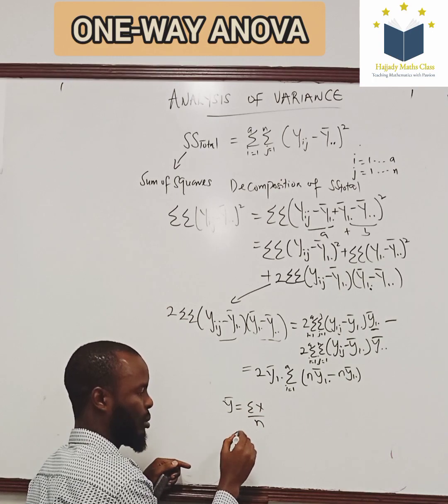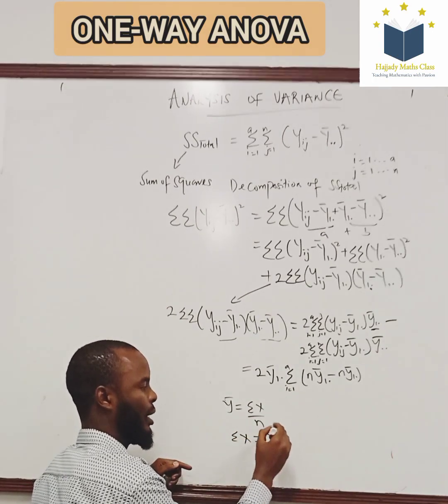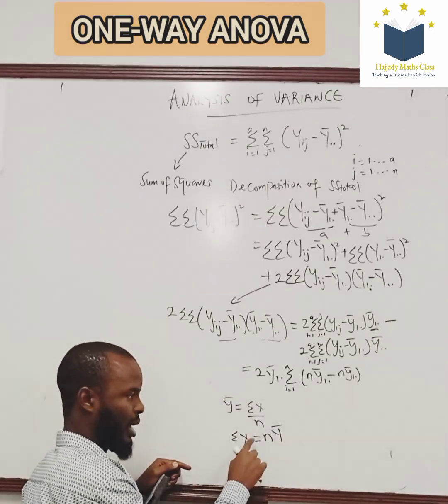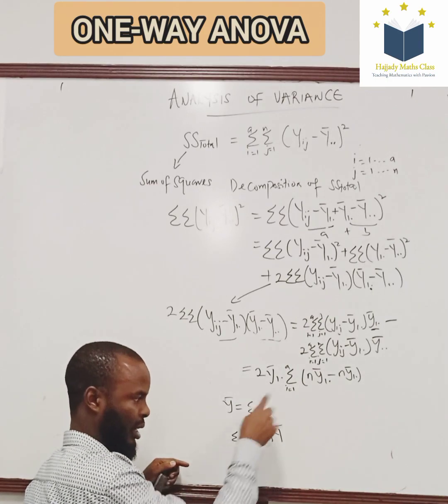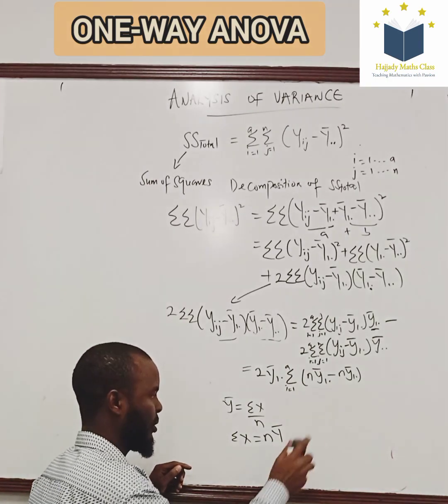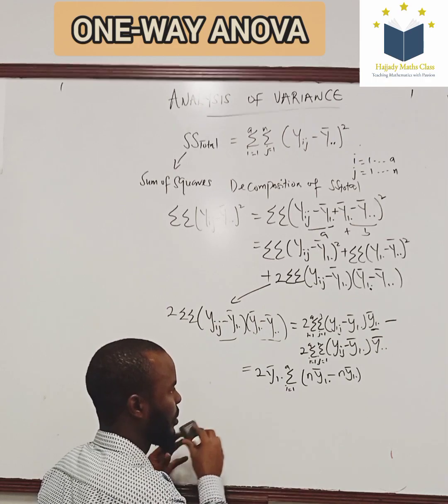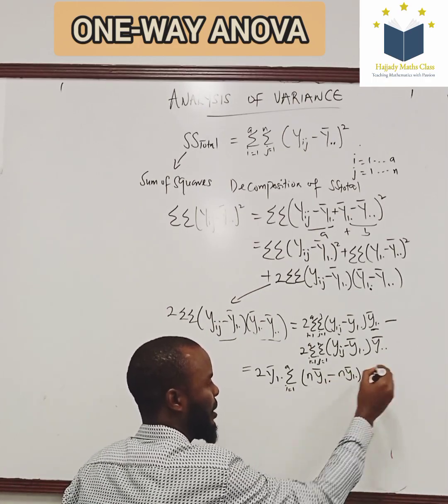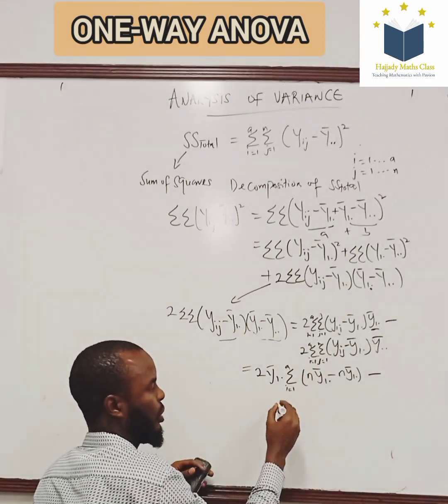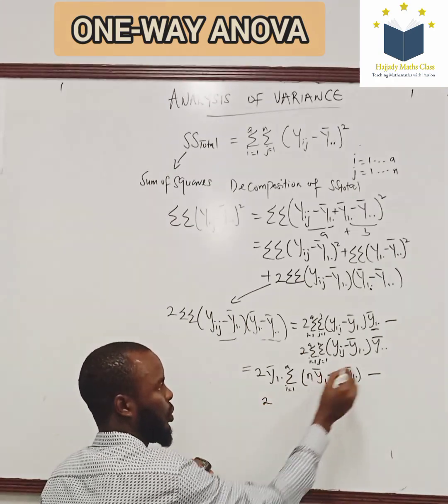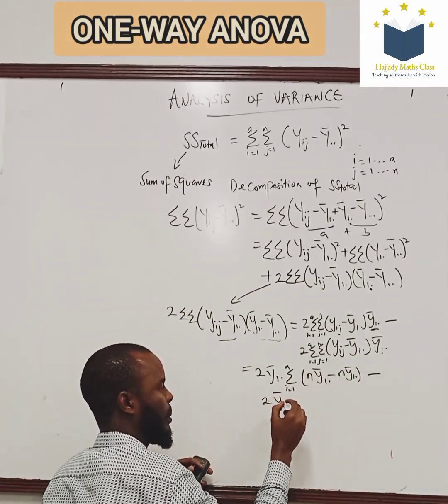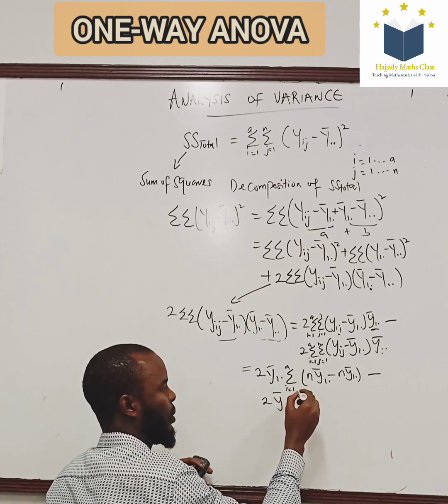That is summation x equals n y bar. We have this mathematically. So this is what I'm making use of here. So minus this, I have 2 y dot bar, okay?